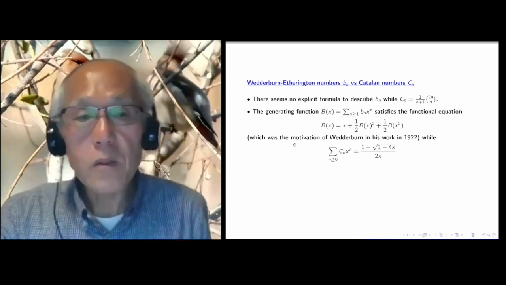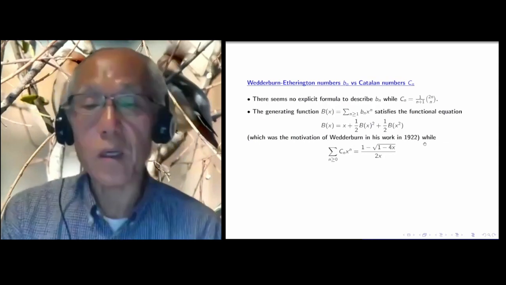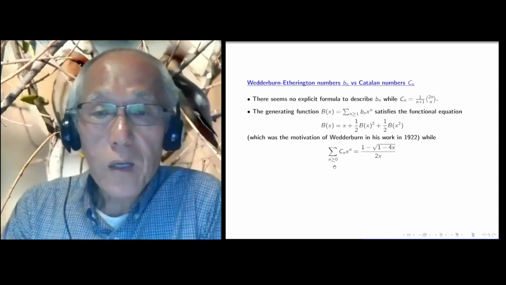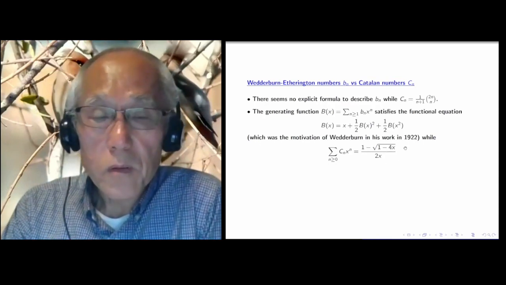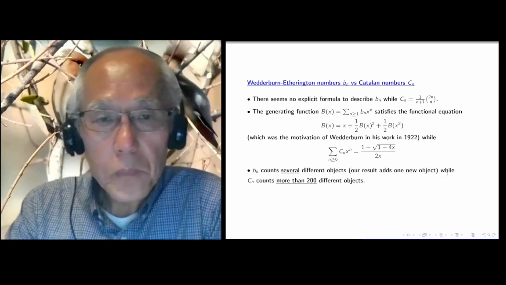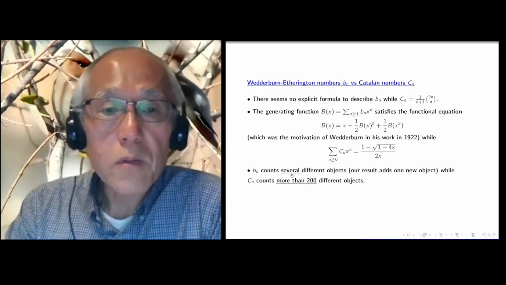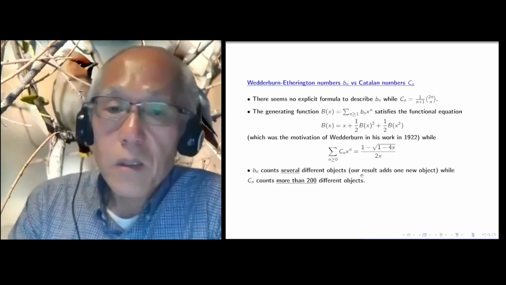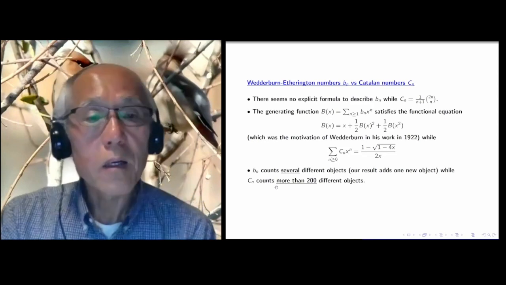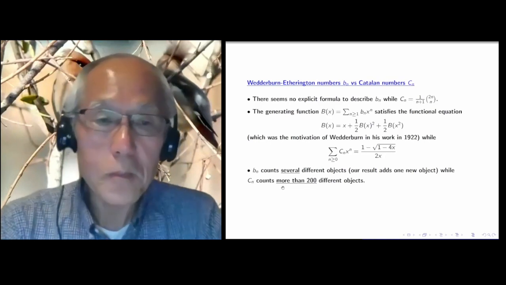This was the motivation of Wedderburn in his work almost 100 years ago, while the generating function of the Catalan numbers has quite a simple form, this function. Wedderburn-Etherington numbers count several different objects, and our results add one new object, while the Catalan numbers count, as I said, more than 200 different objects.